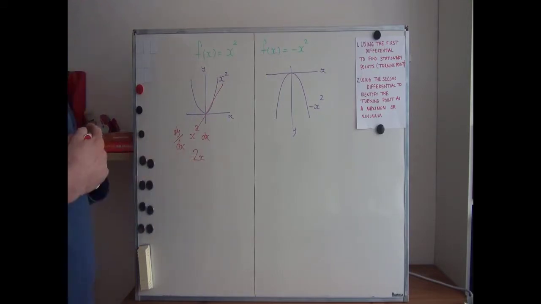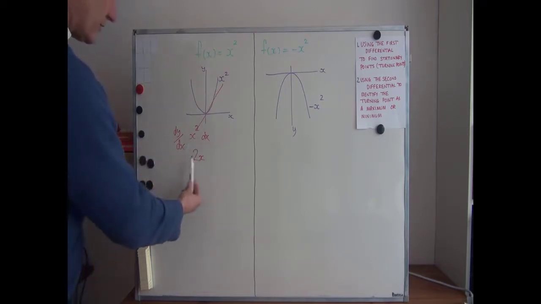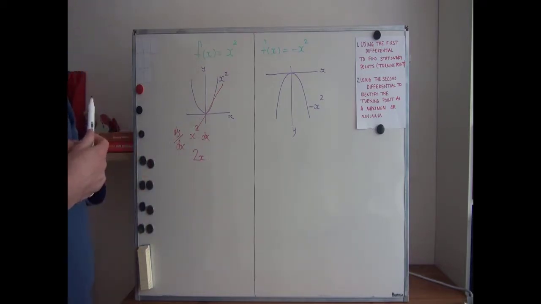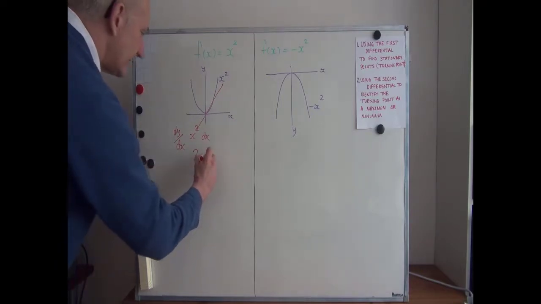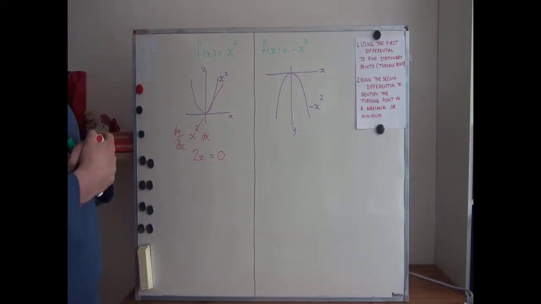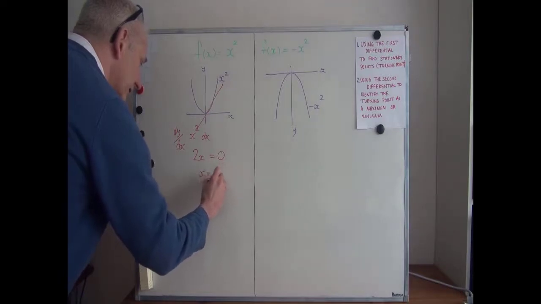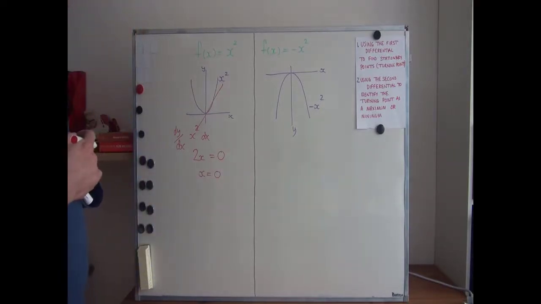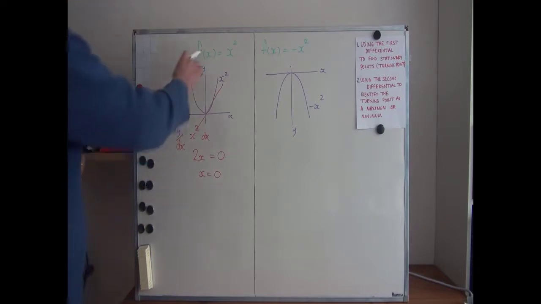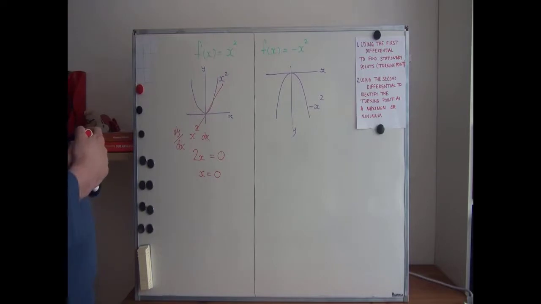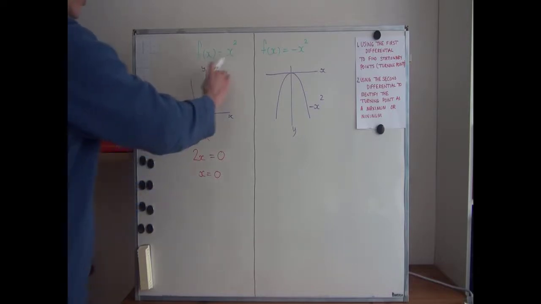And if that does represent the slope, what we want is to try and find the point where the slope is equal to 0. So 2x equals 0. And sure enough, we find that that's going to give us x equals 0. So we know that for the function x squared, the stationary point is at x equals 0.